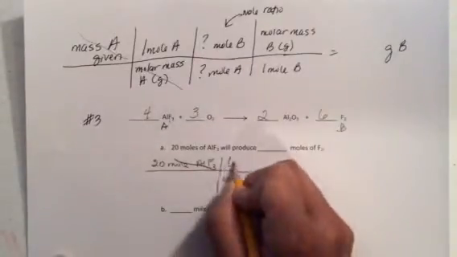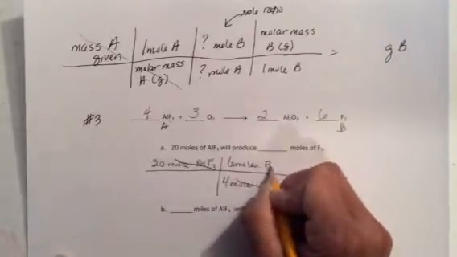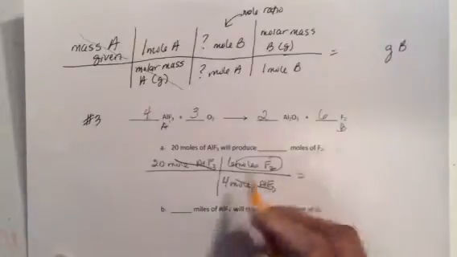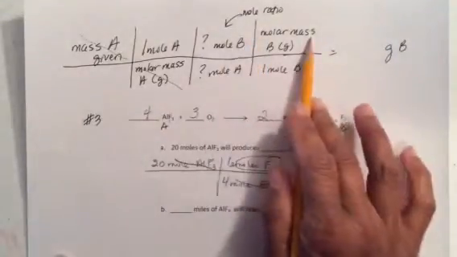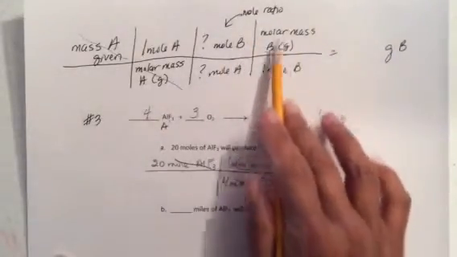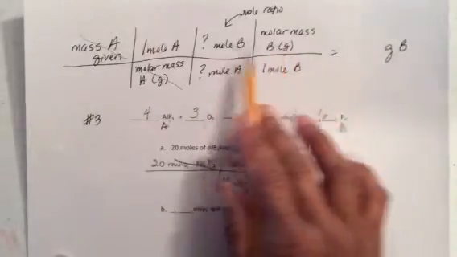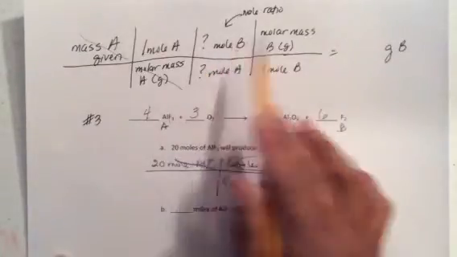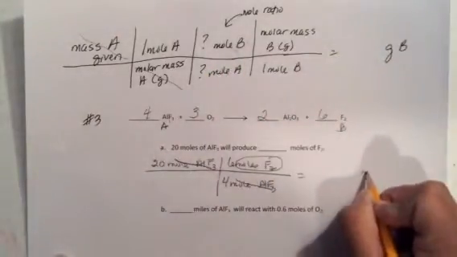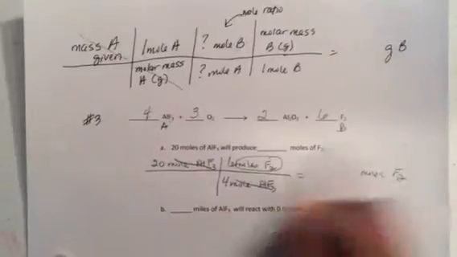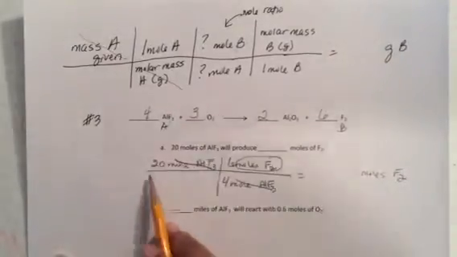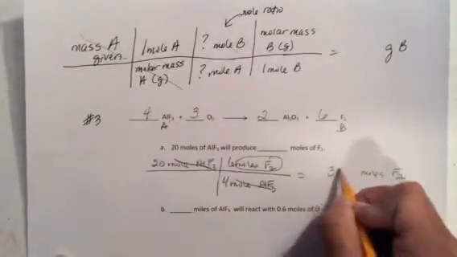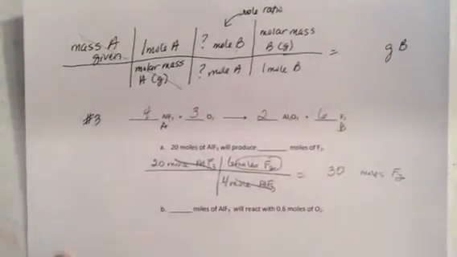And you're going to put the 6 moles of fluorine on the top, and that happens to be what we're looking for. And we're going to stop right there. We're not going to do this last part of the picket fence. We would only do this last section if we were looking for grams. We're not. We're looking for moles of fluorine, which is our B. So we're going to stop the calculations here. We've got the units that we want. And when you put this in your calculator, you're going to take 20, multiply it by 6, and divide by 4. And that's going to give you a value of 30 moles of fluorine gas.